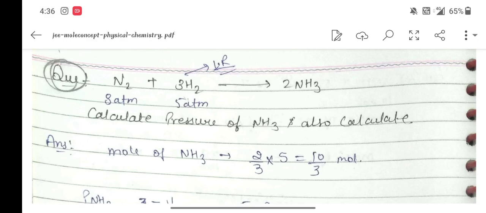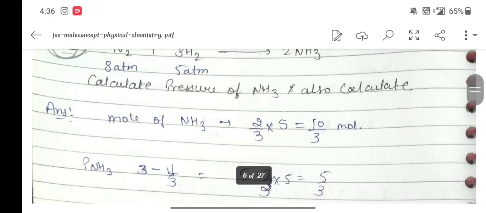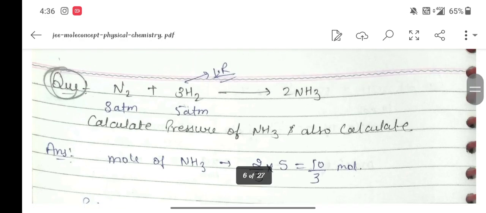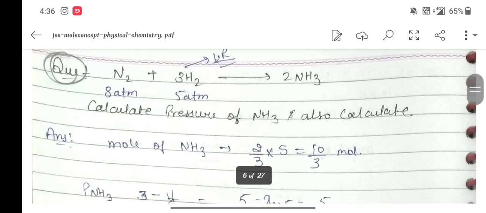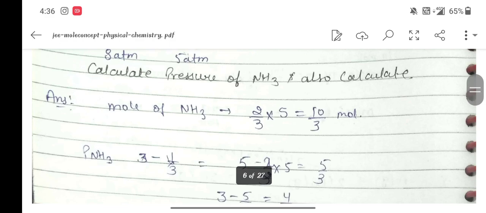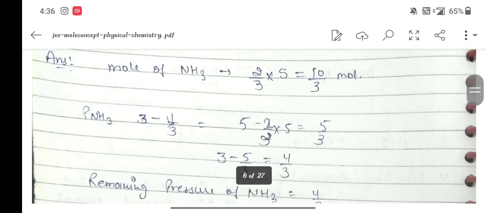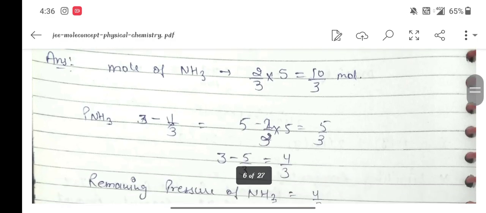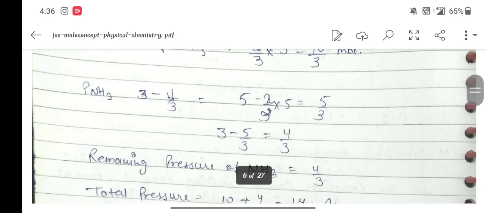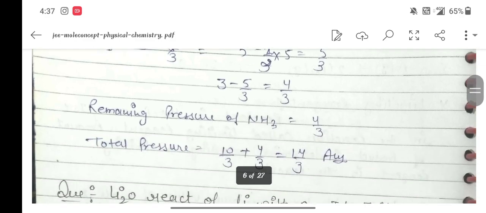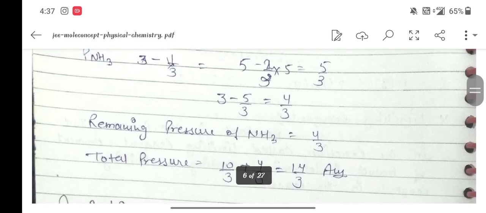So mole of NH3 is 2 by 3 into 5 moles, that is equal to 10 by 3 moles. Now for NH3, if we see 3 minus 5 by 3, that is equal to 4 by 3. So the remaining pressure is 4 by 3.